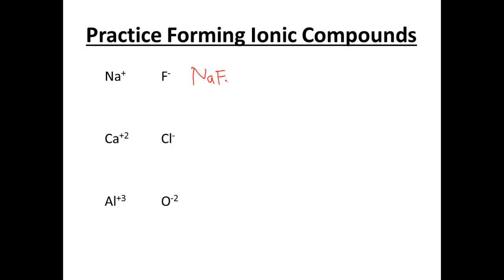So let's look at a second one. Calcium, plus 2, originally Ca with its 2 outer electrons, and chlorine, group 17, with 7 outer electrons. Now calcium is going to donate 1 electron to chlorine. Chlorine now has its 8 electrons, however calcium still has 1 left over.